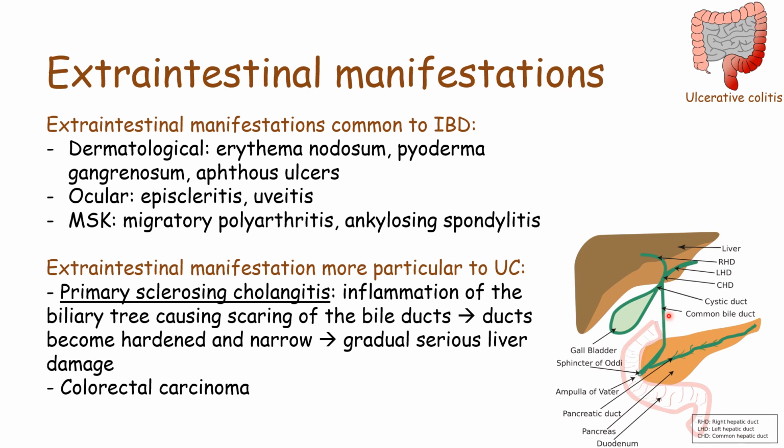And so if there's inflammation of the biliary tree, the ducts will become hardened and narrow because you get the deposition of fibrous tissue in these ducts. And this essentially increases the pressure in the biliary tree and leads to a backflow of bile into the liver and increased pressure within the sinusoid spaces in the liver, essentially leading to gradual liver damage. It can be very serious.